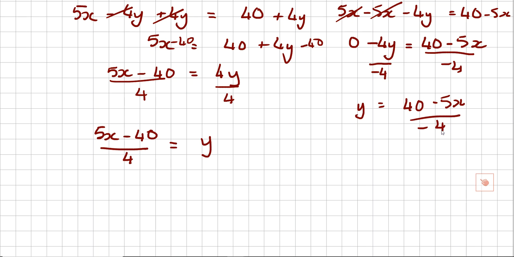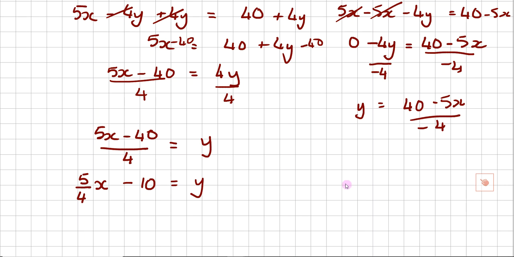All right, both of them are equivalent, they're the same, but one's slightly messier than the other. All right? We try not to have negative numbers as the denominator on a fraction. Now that leaves me with, what is the gradient? So a lot of you went straight to splitting this up and saying it's 5 divided by 4x subtract 10.